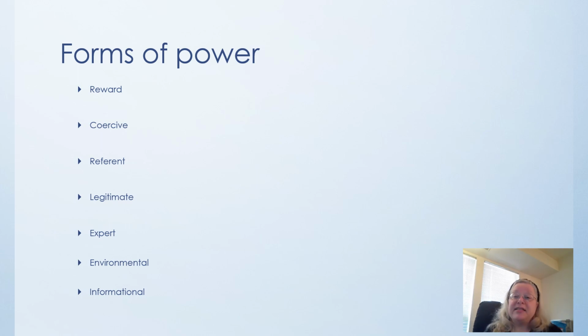Now, expert power is easily confused with legitimate power, but it's something else entirely. Expert power rests in the individual and in their expertise at doing something. So a brain surgeon has expert power because they can do something that other people cannot do. Your brother-in-law who can fix your car, if you know nothing about car repair, has expert power in that situation. The lady who gives you piano lessons has expert power.